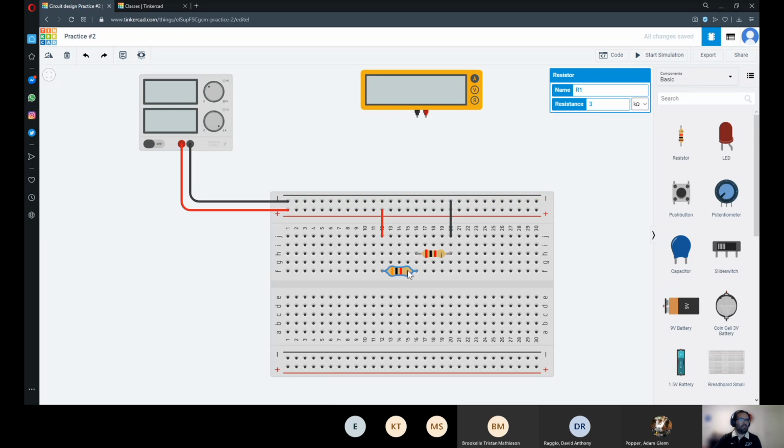I have created two resistors, R1 and R2, and I also added a multimeter. In this case, it is set up for measuring current. So what I want you to do right now is take a minute to... I don't know if you guys have questions or this is the raised hands from before.